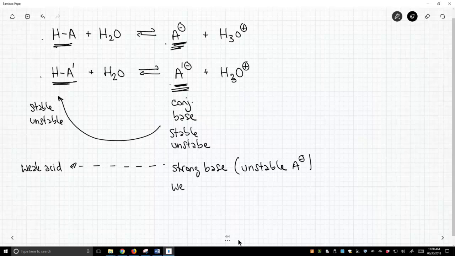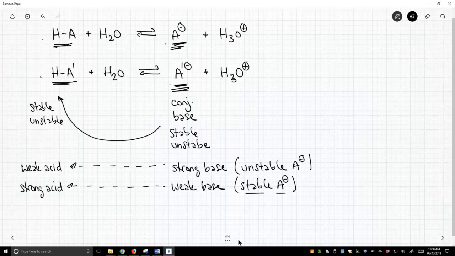If the anion looks stable and it's a weak base, so weak base meaning it's a stable anion, it doesn't have a lot of reactivity. It doesn't care if it picks up the proton. Things that don't care if they pick up a proton are weak bases. Well, if the conjugate base is a weak base, that tells us that, ooh, the original acid must be a strong acid.